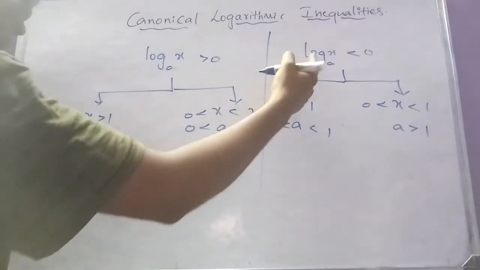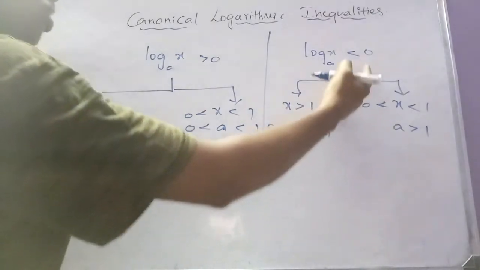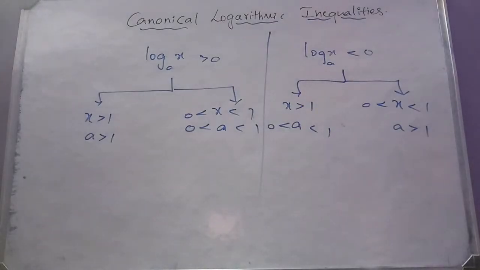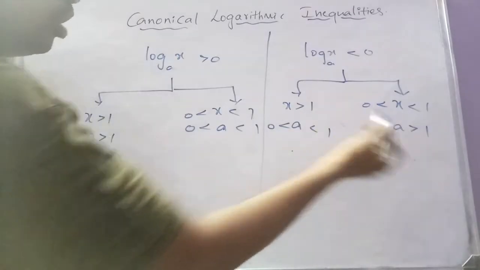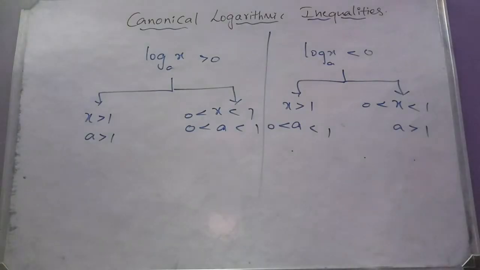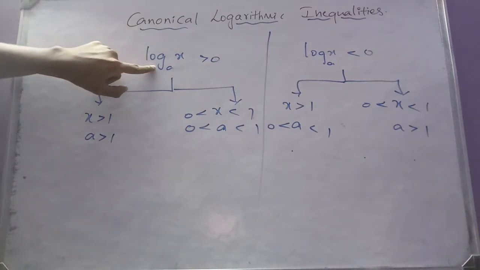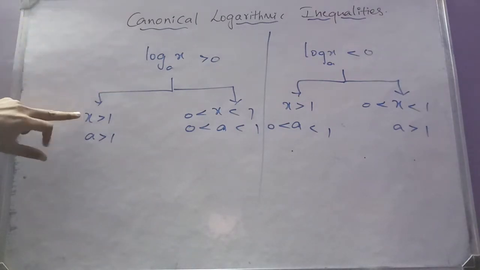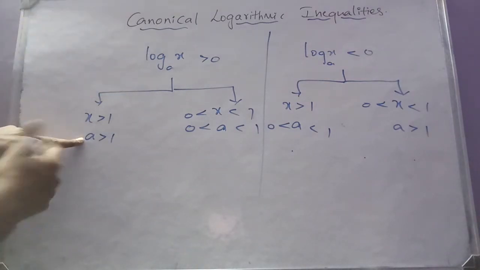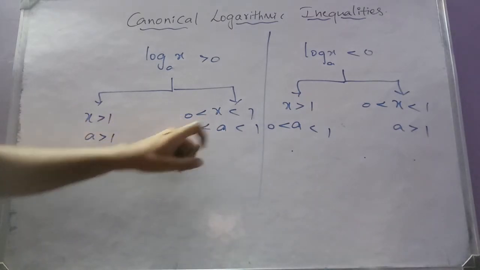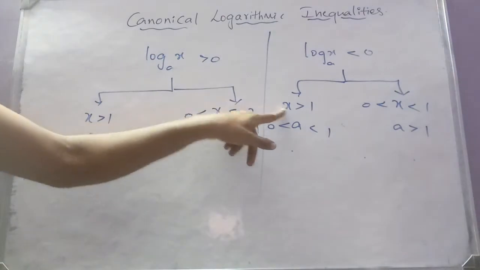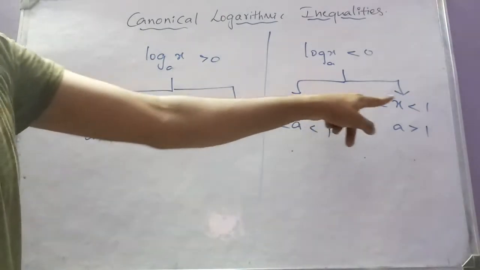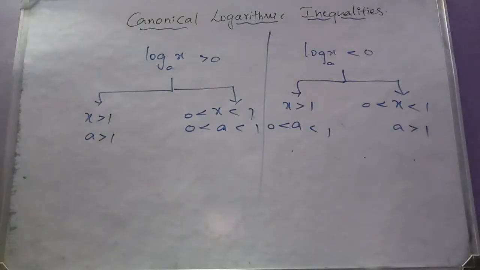In both cases log x base a is negative, and then we take the union of these solution sets. I hope you understood this. Log x base a is positive when both x and a are improper, or both are proper. And log x base a is negative when x is improper and a is proper, or x is proper and a is improper.